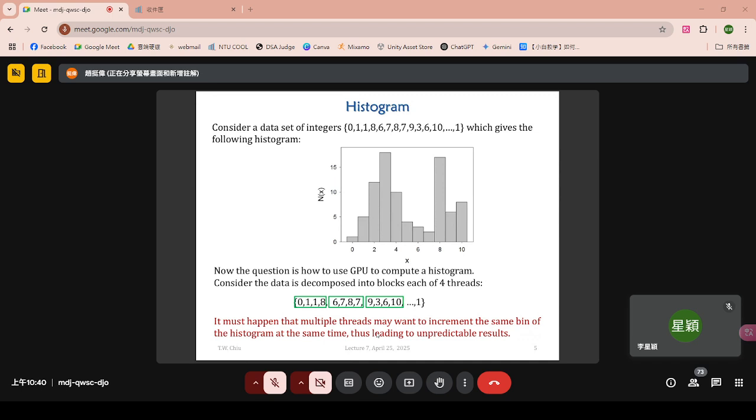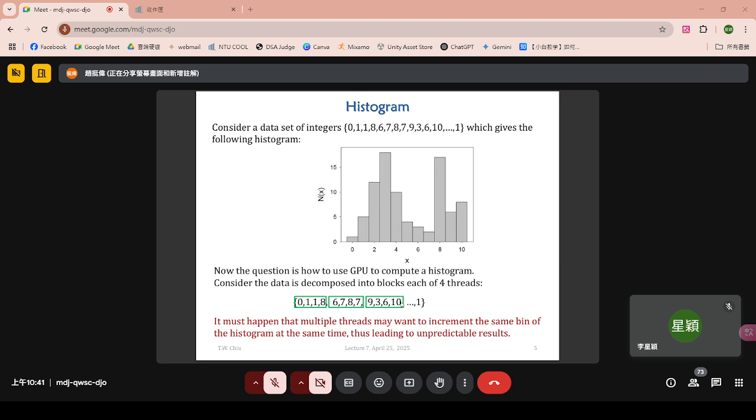I give a data set, and I divide the data set into many pieces, blocks. Say for example there are 4 threads in each block, and it distributes the data to the blocks. But then what happens?